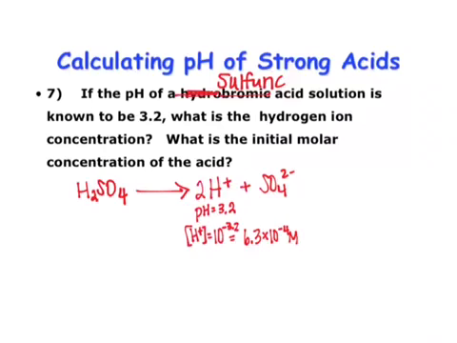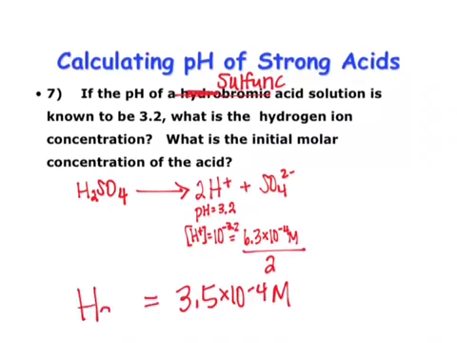Divide it by 2. So we're going to divide it by 2. And we get what? 3.15 times 10 to the negative 4. And that is the concentration of my H2SO4 solution.